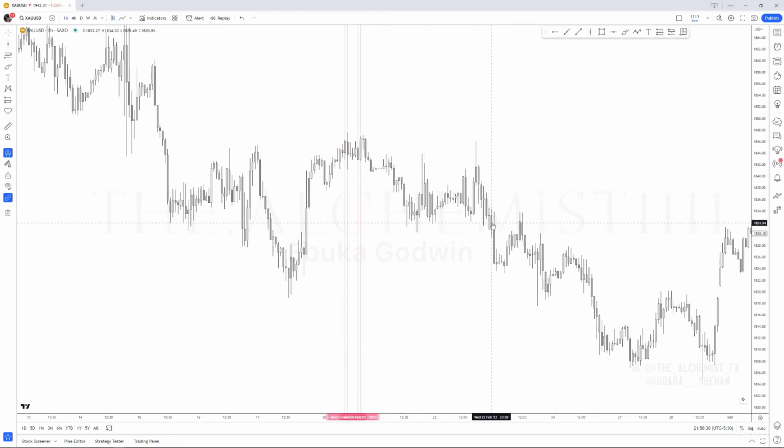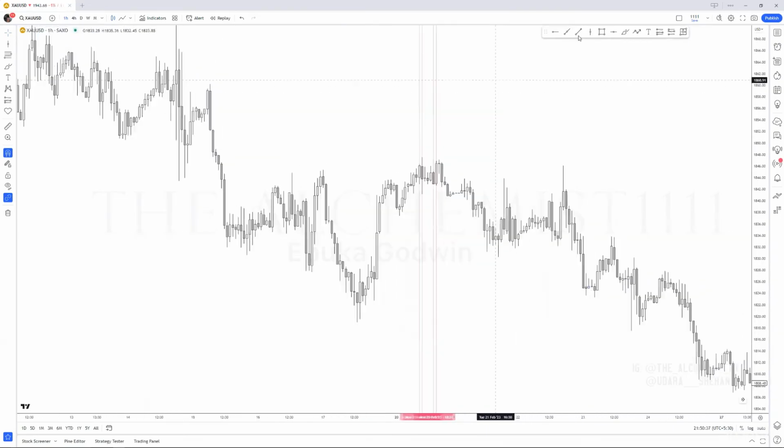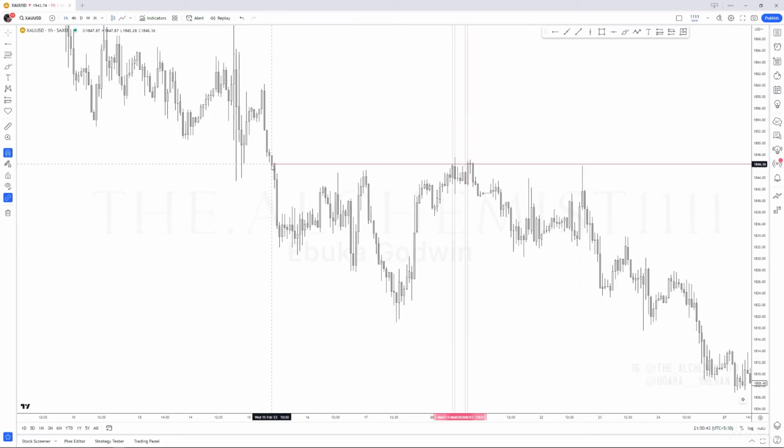Now this is what I wanted you to do. Draw vertical lines on the session openings, session kill zones and session timings, and then see where it reversed from, as a hindsight example, maybe here or here.